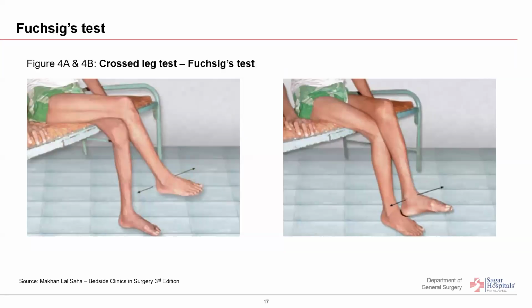So that is one test. And for the popliteal artery pulsation, we do something called the cross-legged Fuchsig test, wherein we ask the patient to cross one leg over the other. The popliteal artery pulsation will make this leg oscillate. You can see the to-and-fro movement of the limb, which indicates the popliteal artery pulsation is present.